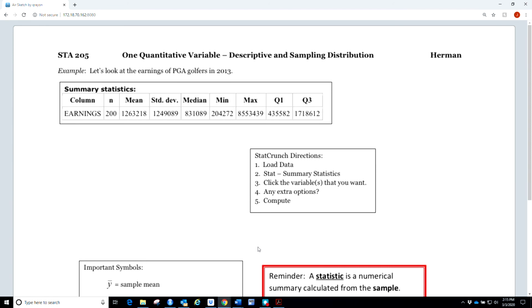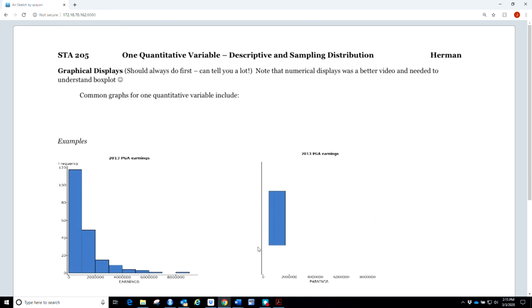So we have our mean. We have our standard deviation. We also have our graph to look at, which we describe as being unimodal and skewed to the right.